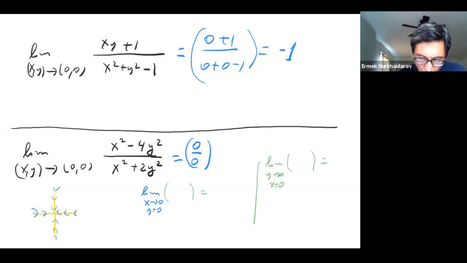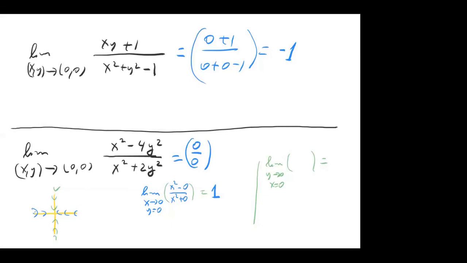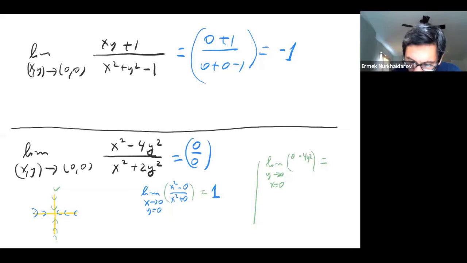Substitute 0 for y, we're going to get x squared minus 0 over x squared plus 0. So x squared over x squared, obviously 1. Calculate the green one now. We're going to get 0 minus 4y squared over 0 plus 2y squared. So you reduce that and you're going to get negative 2.